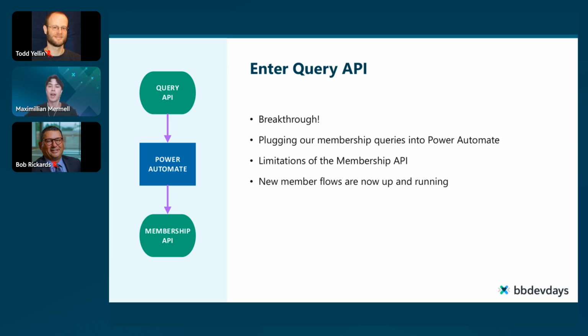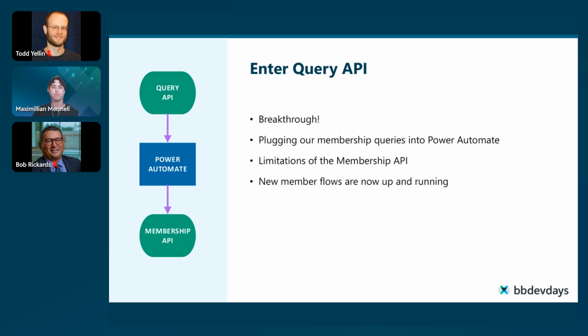But when we got access to the API, it represented a huge breakthrough in this project. So we partnered with NP Automate, who created a brand new set of flows. And using the API, we could circumvent some of these tools in our previous attempt and plug our existing membership queries directly into a series of Power Automate flows.